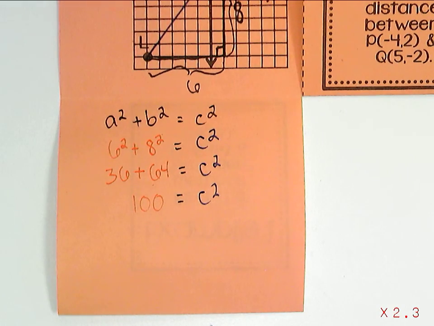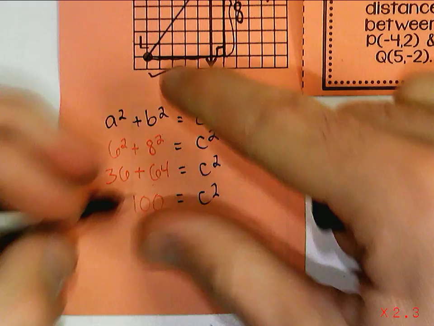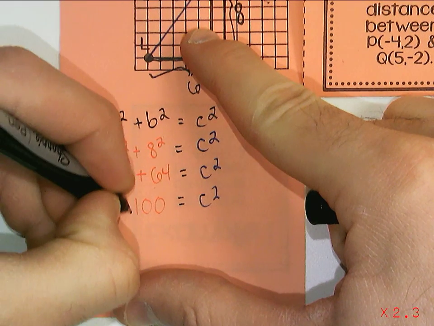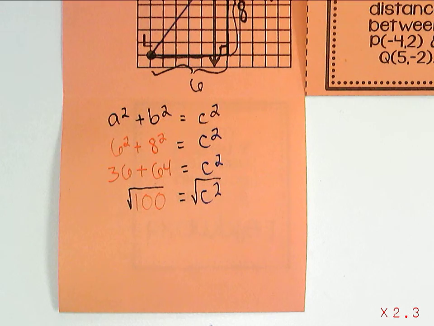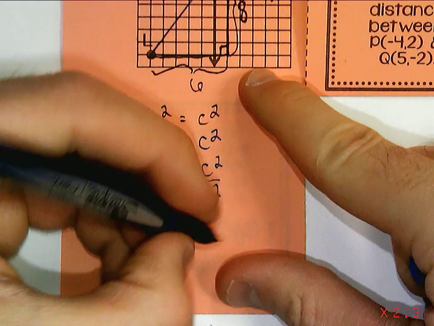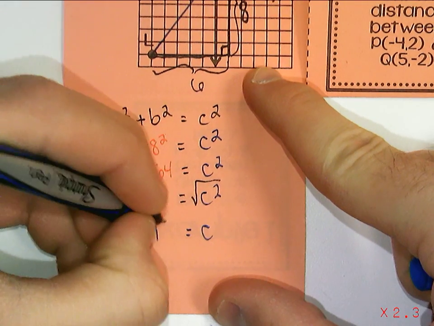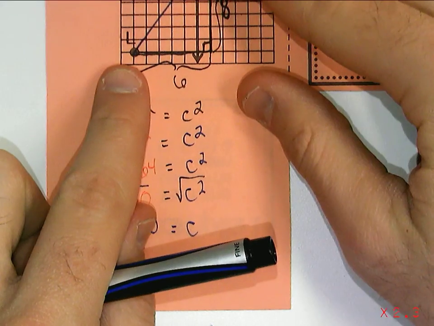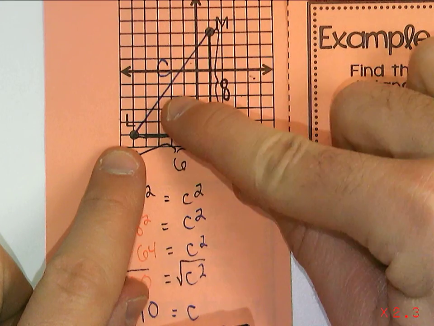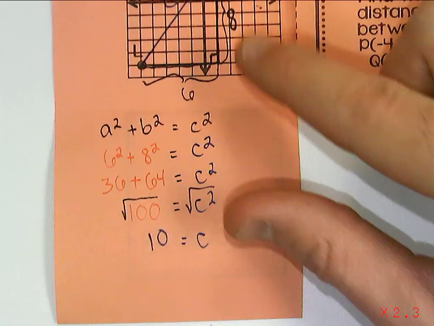In order to get C by itself, we got to take the square root. So square rooty, fresh and fruity. That means C would be by itself, and that would be equal to 10. So the distance between L and M is a length of 10 units.